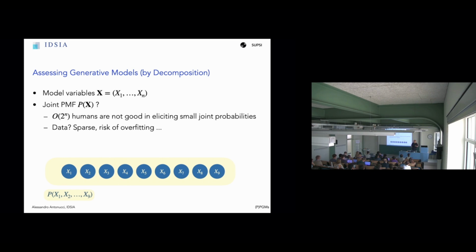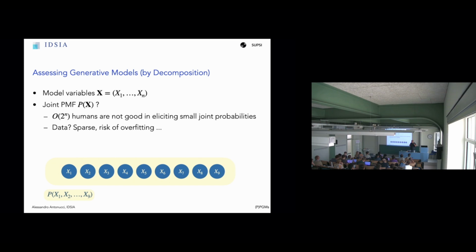Treatment, yes or no, recovery, yes or no. But if I have 10 different Boolean variables, I cannot really ask my expert to assess these 1,024 joint states. And this is also related to the way our brain works.